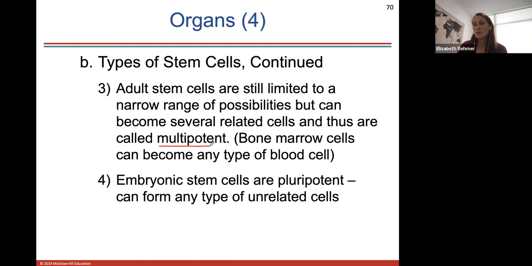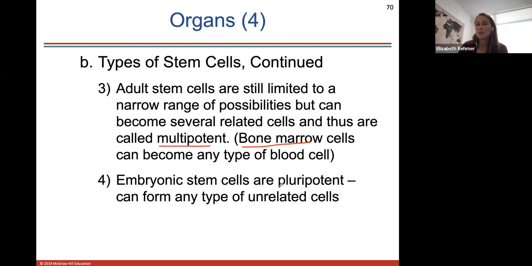So for example, a bone marrow cell can become any type of blood cell. So you'll often hear of someone with cancer or other diseases having a bone marrow transplant, because a transplant of bone marrow cells can go on and become extra red blood cells or white blood cells that the diseased patient might need.